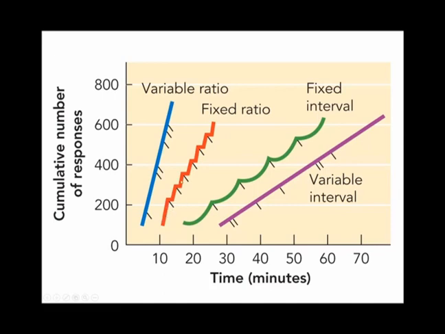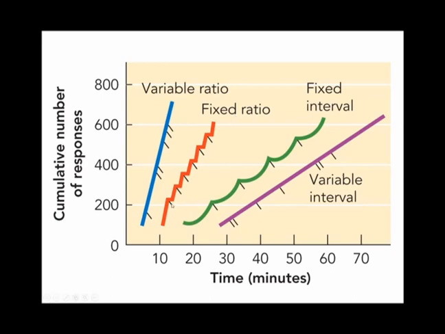Then we get into these weird jagged shapes in the middle. And we're going to start with our fixed ratio. So we're going back to ratio, which means that the number of lever pushes is what's controlling whether they get rewarded or not. But this time, because it's fixed, we're saying that after every 10 lever presses, they would get a food reward.